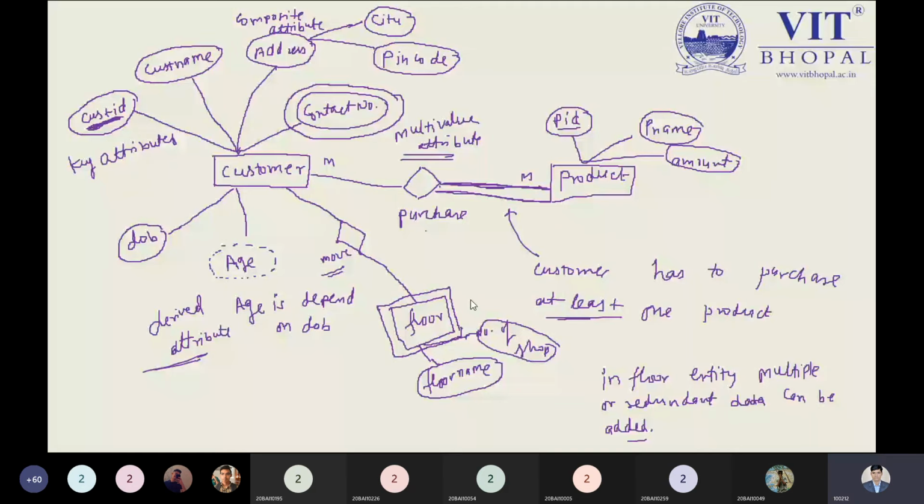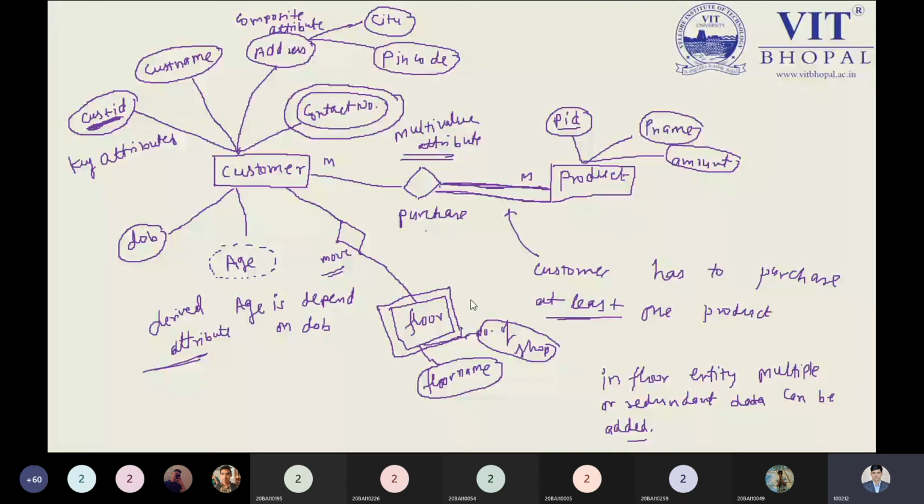But sometimes I found some customers are just coming in my shopping mall for a round only. They are not purchasing anything. So I can remove one line and keep one line from purchase to product. So there's no guarantee that a customer will purchase from my shop.